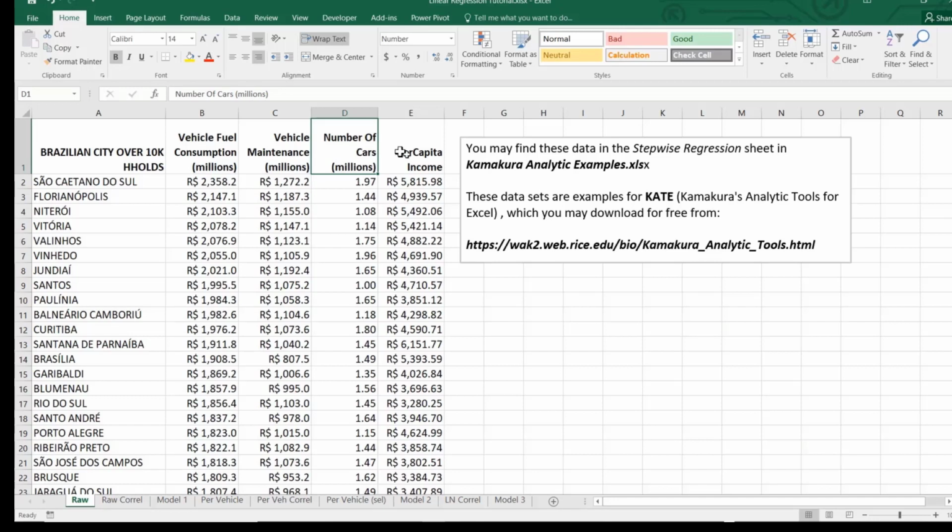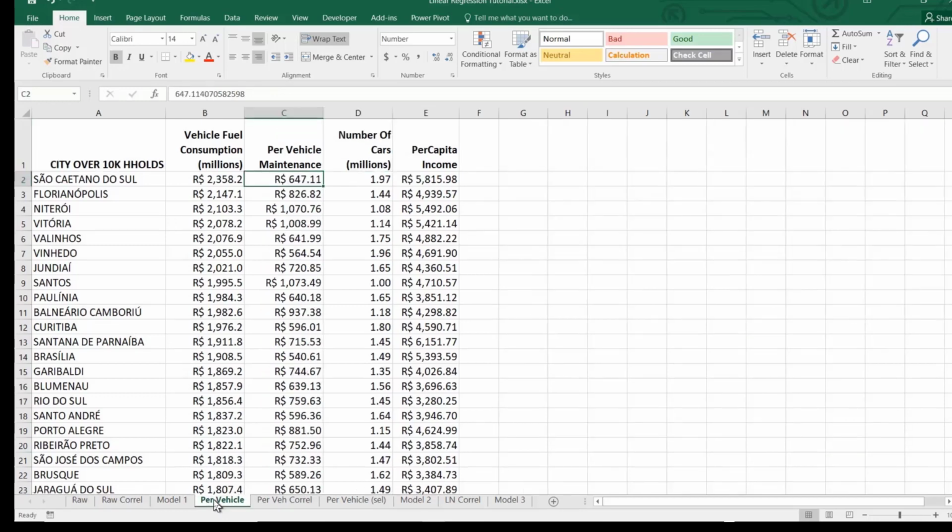Something similar to per capita income. And that's what I have here. So I have fuel consumption, as we had before, but now I transform vehicle maintenance into reais per vehicle. So in São Caetano do Sul, people spent 647 reais per car, while in Florianópolis, people there spent 827 reais per car.